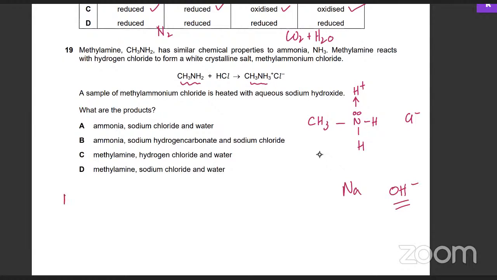What happens if an ammonium salt reacts with NaOH? What is going to be the product? Does anyone have an idea? What will the ammonium ions behave as? So the products are salt, water and ammonia gas.